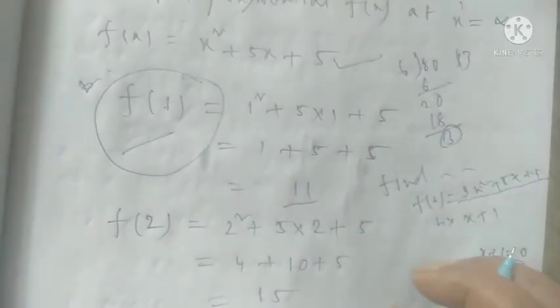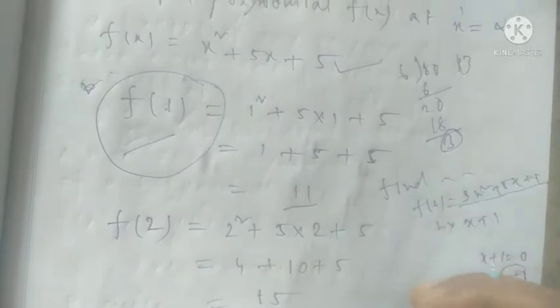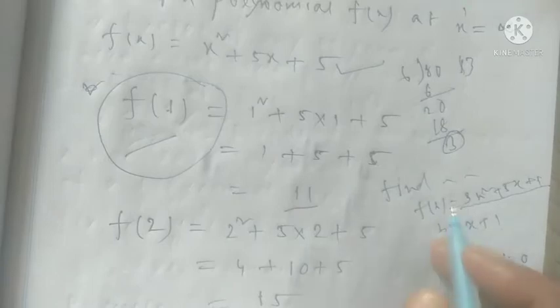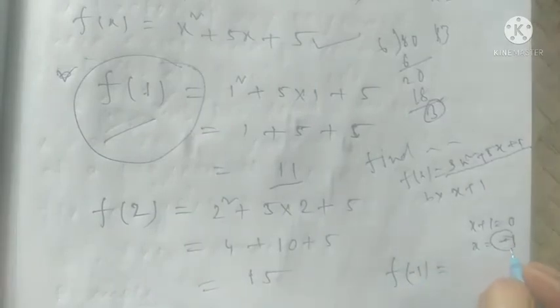But this is not our answer if you calculate the remainder without the division method. So in this process you have to solve the question. Again you have to put the value of x in this equation. So the remainder will be f of minus 1, that is x equal to minus 1.